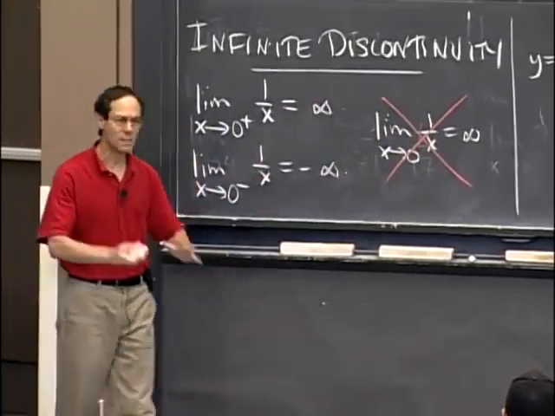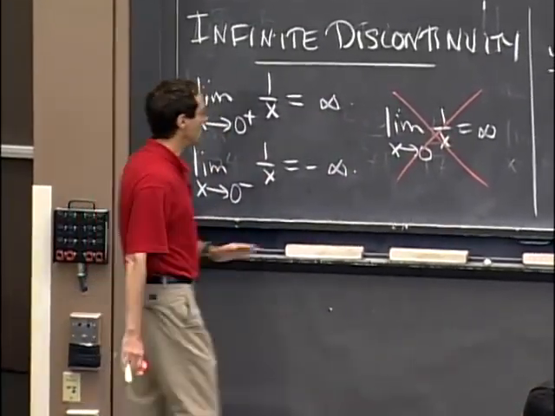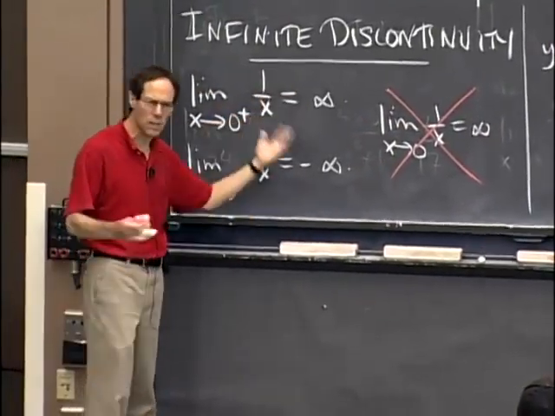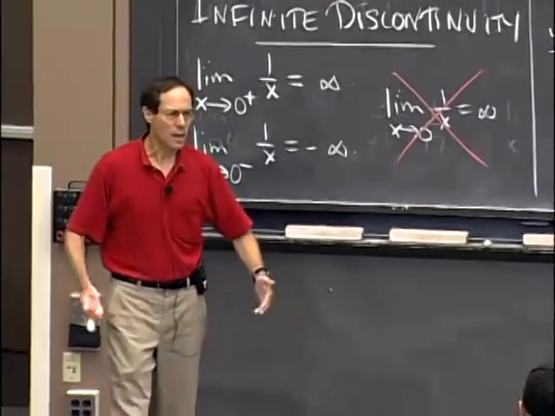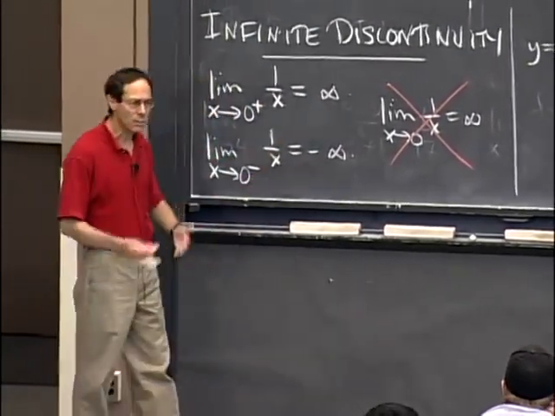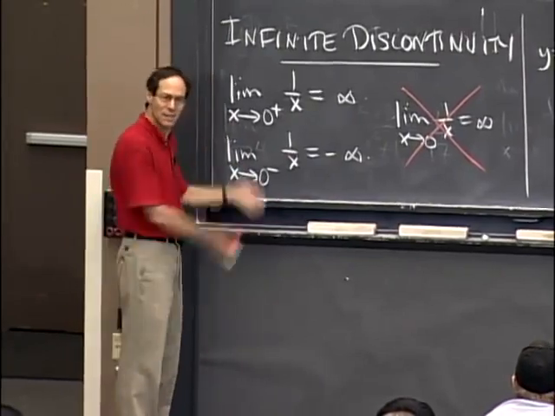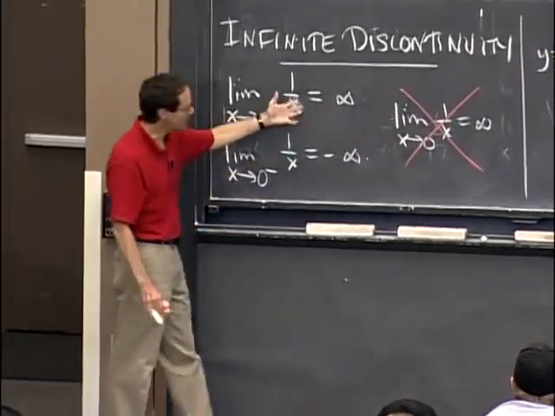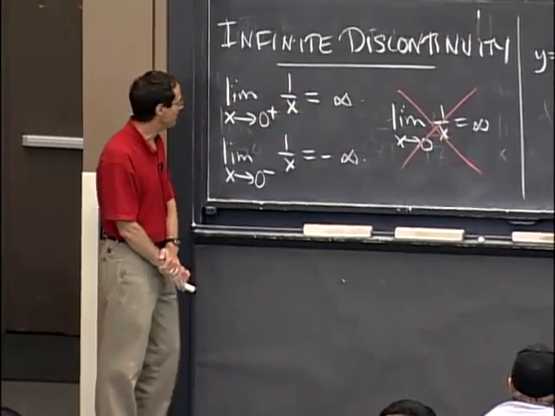And there's some sloppiness that we'll endure and others that we'll try to avoid. So here you want to say this, and it does make a difference. Plus infinity is an infinite number of dollars, and minus infinity is an infinite amount of debt. They're actually different. They're not the same. So, this is sloppy, and this is actually more correct.